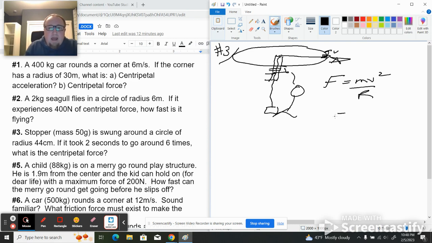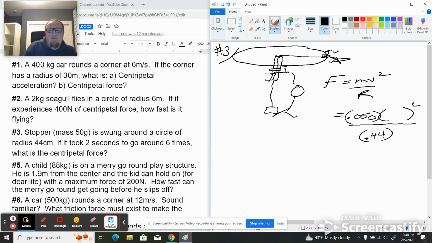Now, it tells us the mass is 50 grams, so 0.050 kilograms. Got to get everything into kilograms, meters, and seconds. It swung around a circle of radius 0.44 meters. It took 2 seconds to go around 6 times. Let's think about that.